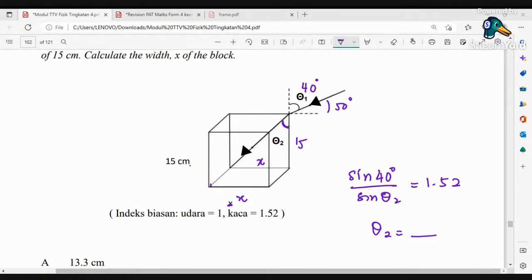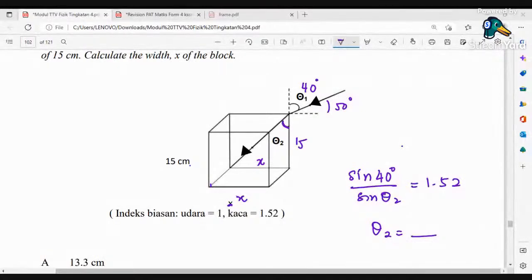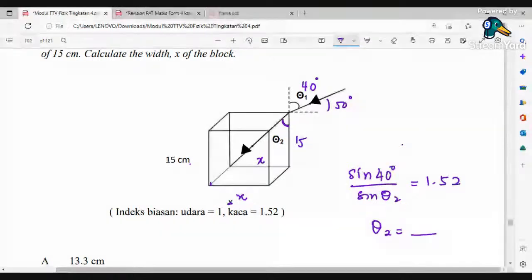That is 25. Okay, now here 25 kat sini. Okay. Can we apply Pythagoras theorem for this one?